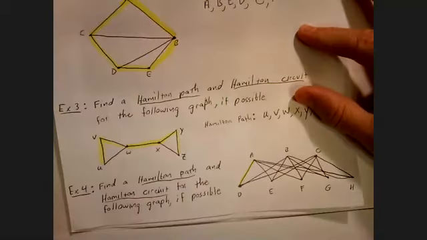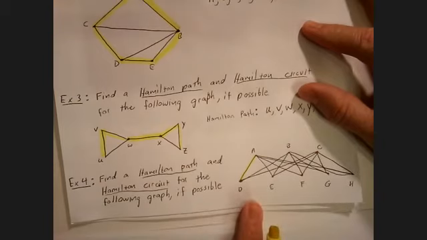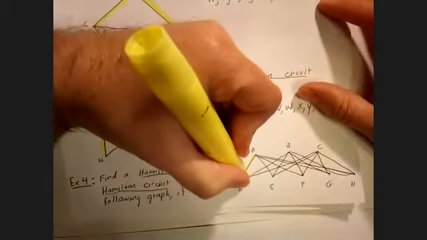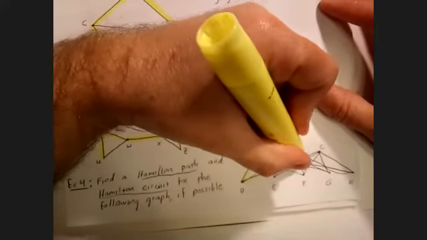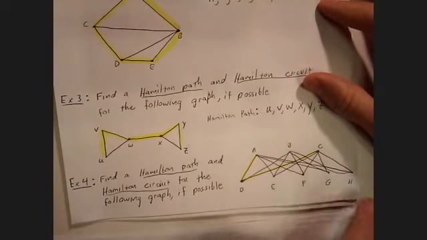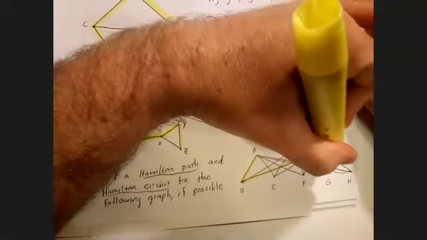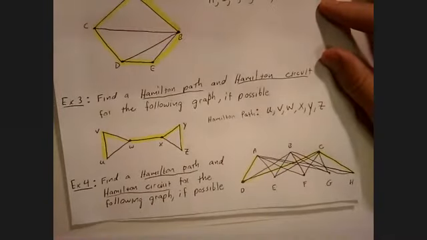I'm going to go from A to D. Now, once I'm at D, I can only go to B or C. Okay, so I'm going to go to C just to change it up. Now, once I get to C, I can either go to E, F, G, H. I'm going to go to H. Now at H, I can either go to A or B. I'll go to B.